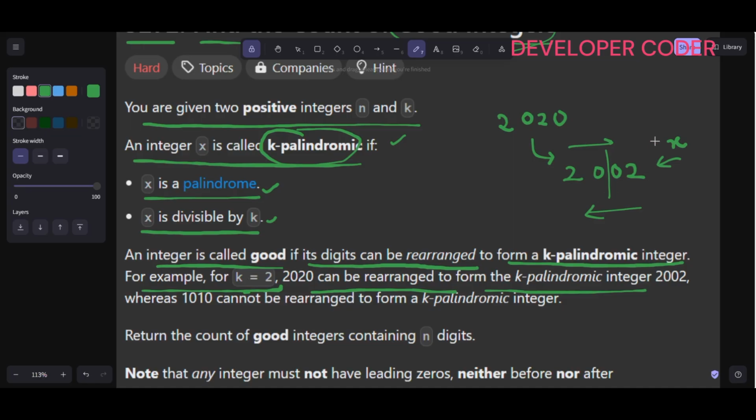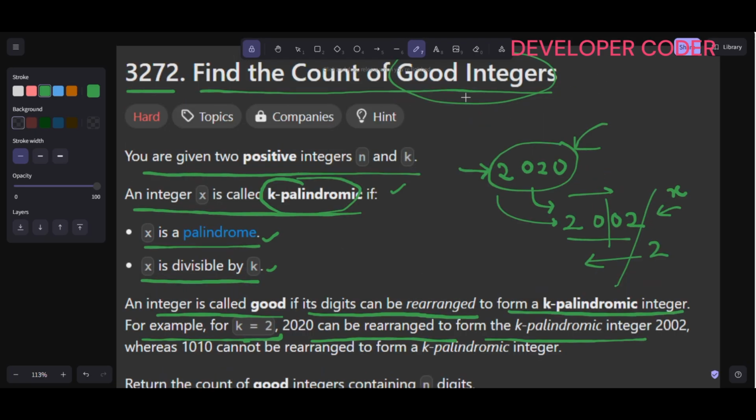We have k equal to 2, so just divide by the k value. Yes, it is completely divisible by k. So this number x is k-palindromic, which means this is going to be our good integer. We have to just find the count of good integers.